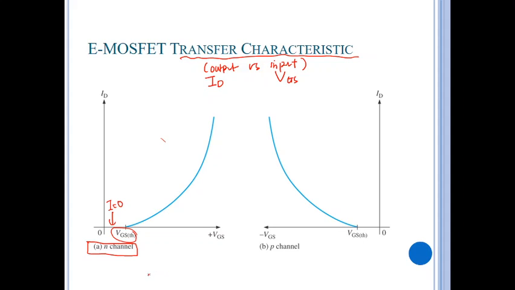The N-channel EMOSFET is the MOSFET that induces the electron channel, and it uses a P-type substrate. On the other hand, the P-channel MOSFET is where we need to induce the hole channel, and the substrate is an N-type substrate.